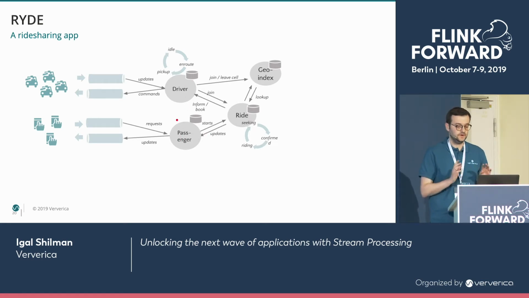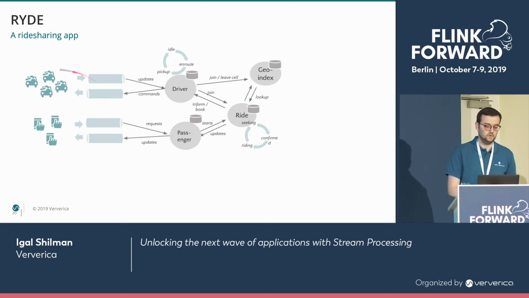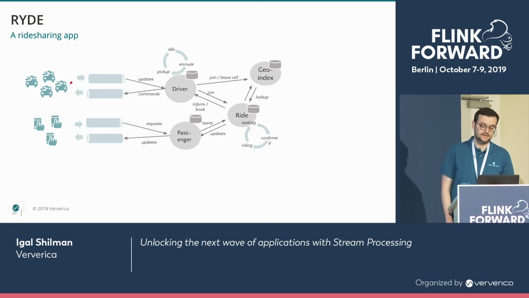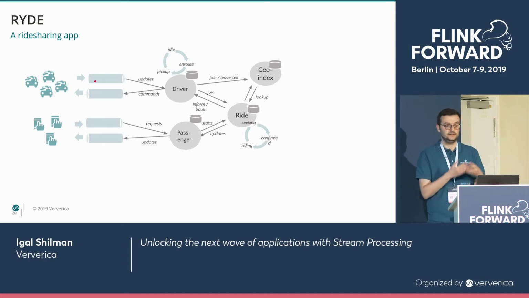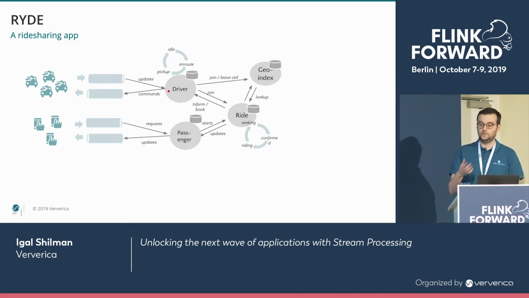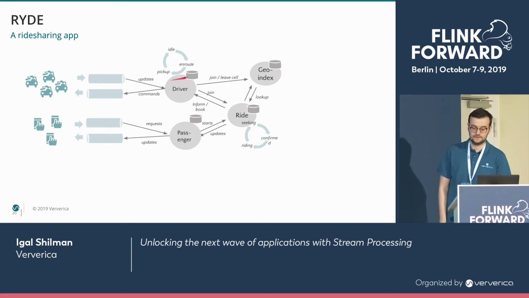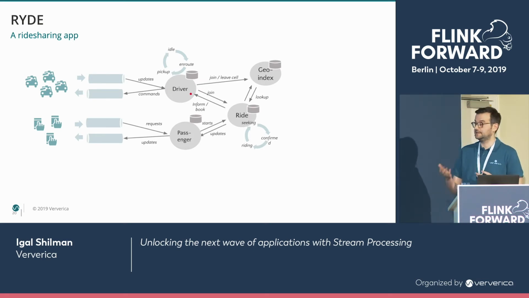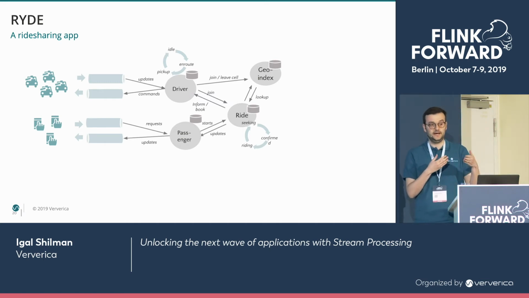Let's briefly go over one flow of a driver sending its location update. When a driver sends a location update, there would be a web app or something like that that would push an event into Kafka. This is my driver ID, that's my location. This event would be consumed and routed to the relevant driver stateful function. Now, this driver stateful function knows its current address and it knows the updated address.